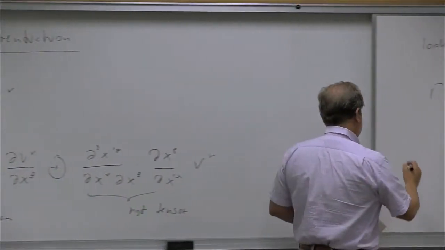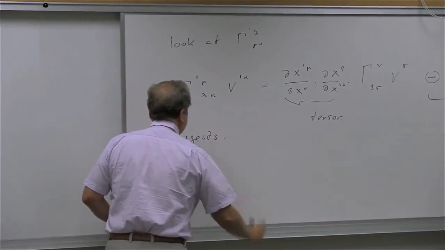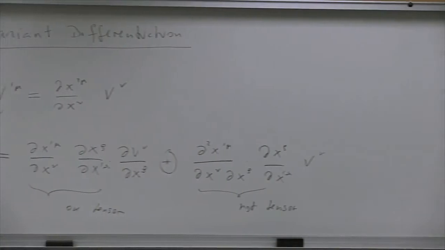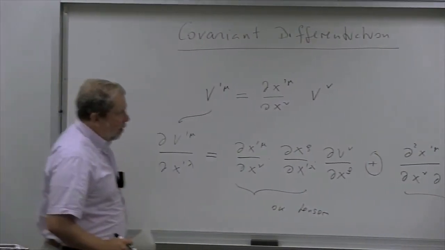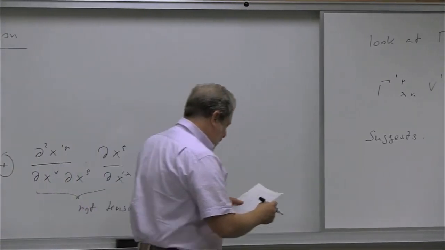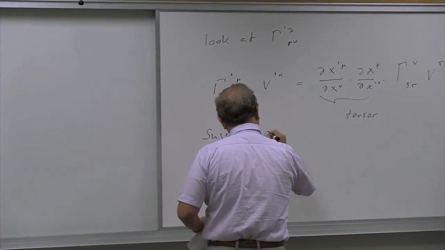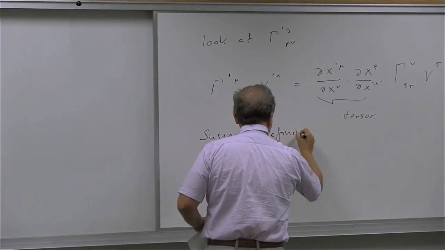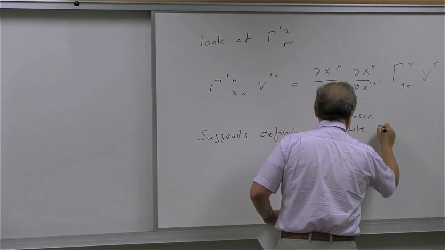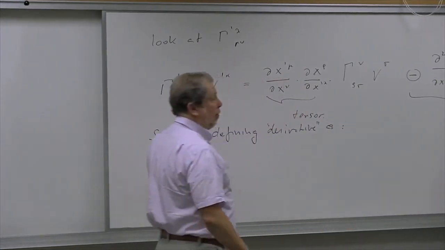So this suggests that we should define a derivative by having this piece here and then add on the gamma part. So it suggests that we should define a derivative in the following form.